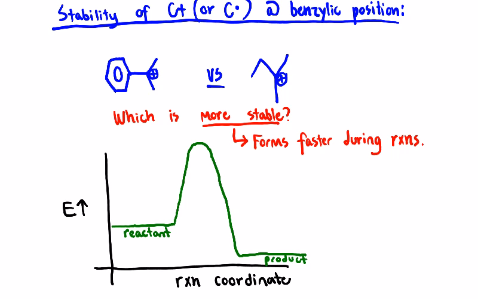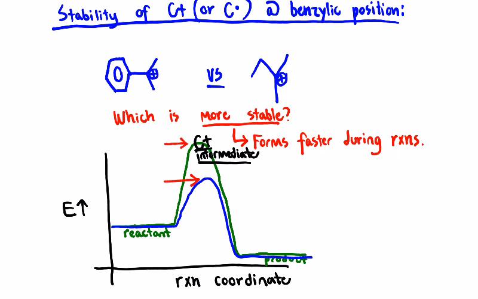So a couple of possible scenarios are like so in green, or alternatively in blue. And what we would see here in the middle, at that high energy point, is our carbocation intermediate. The structure of that carbocation intermediate is going to determine how steep and how high this required energy gets.